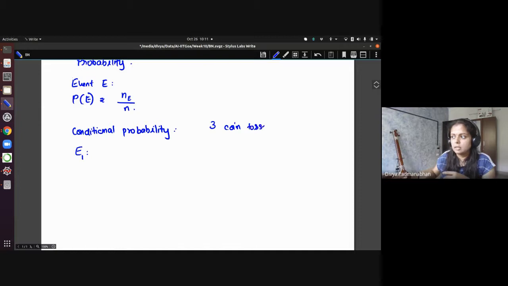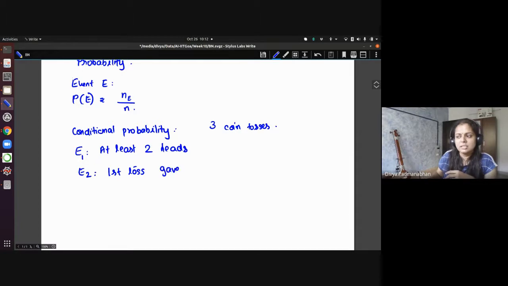E1 is the event that you have at least two heads, and E2 is the event that the first toss gave a head. This is just to remind you of things and how you would compute this.